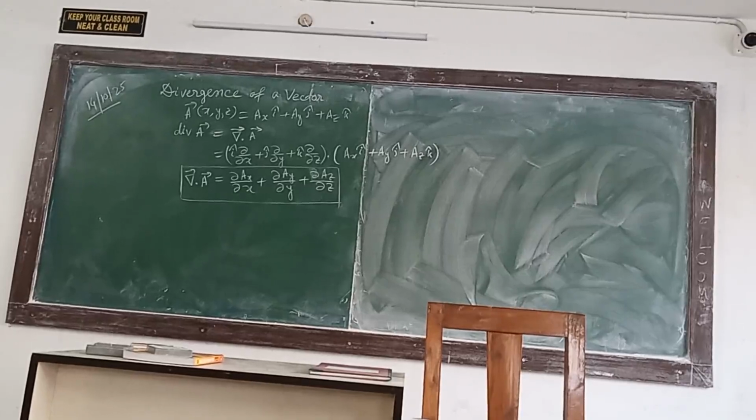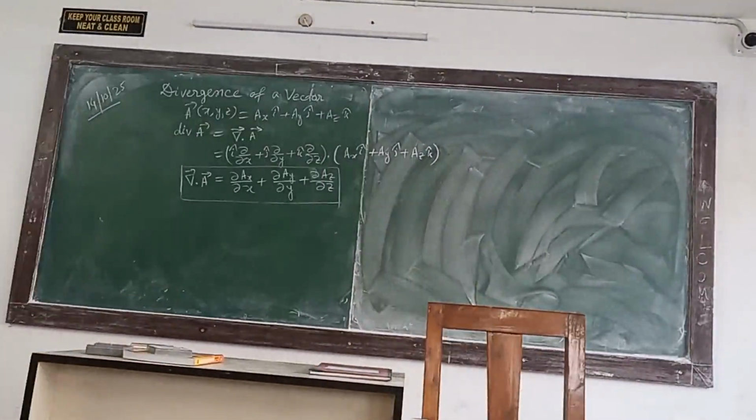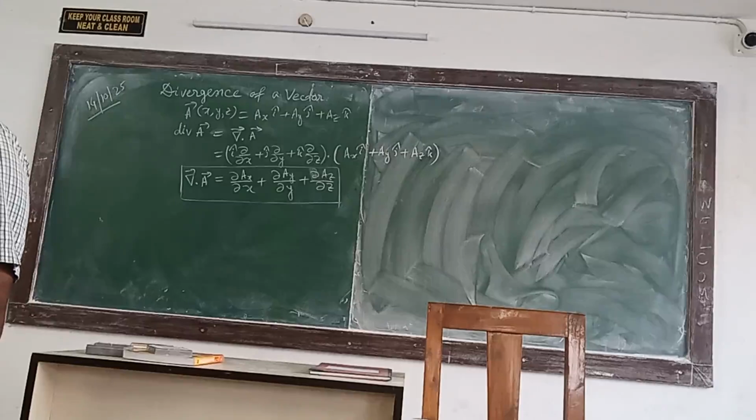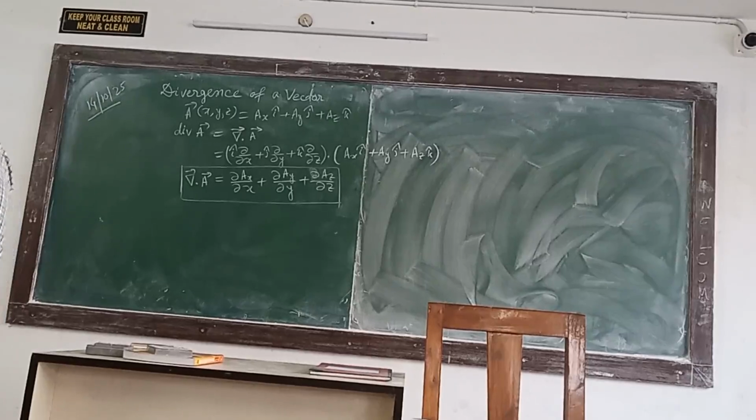Now, what do you mean by divergence? If the divergence of any vector field function is positive, that means that field is coming out from a point. Diverge means it is coming out from a point.